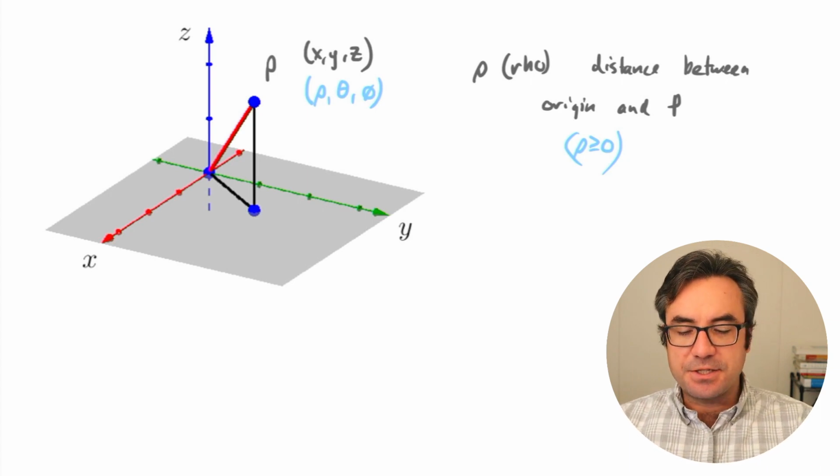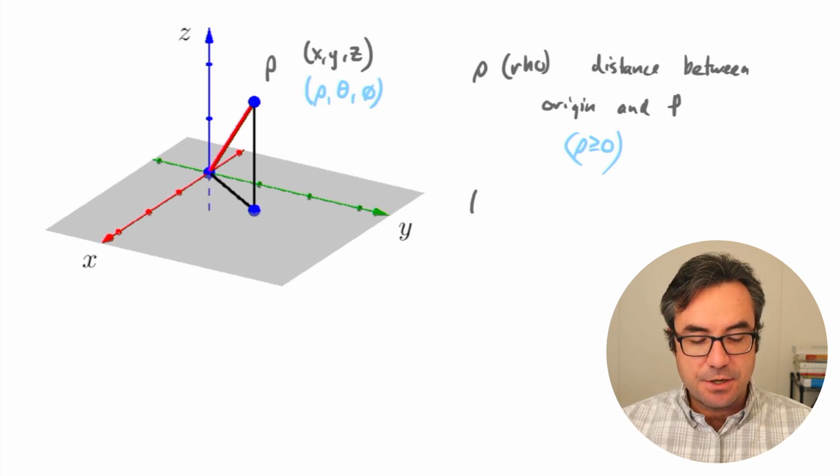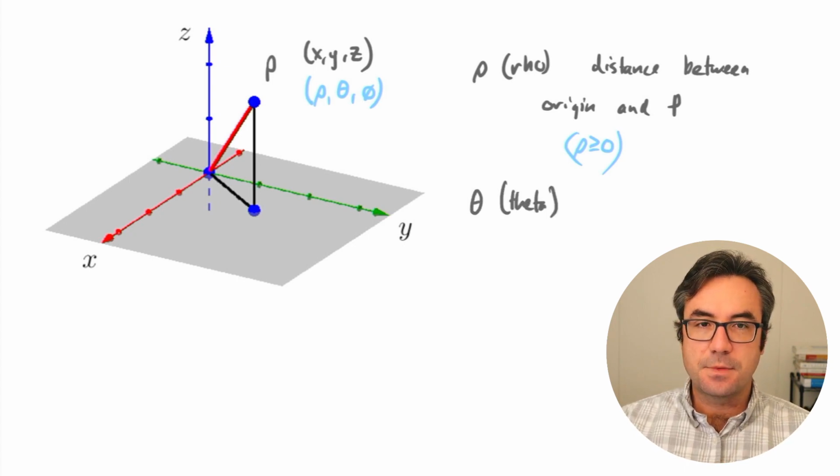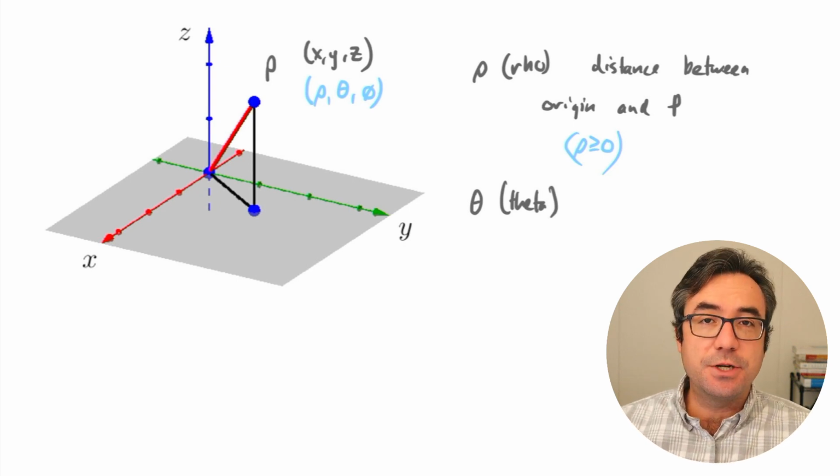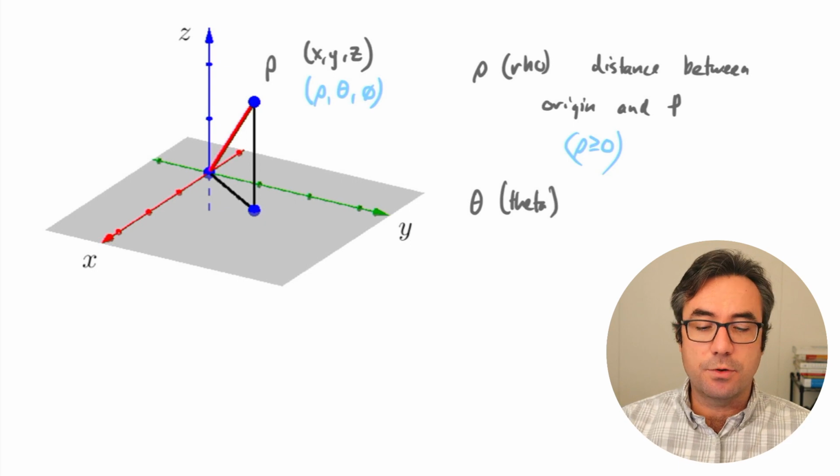Now, what about the next value? This is theta, and this is going to be an angle. What this angle measures is very similar to the angle measurement used in cylindrical coordinates and polar coordinates.